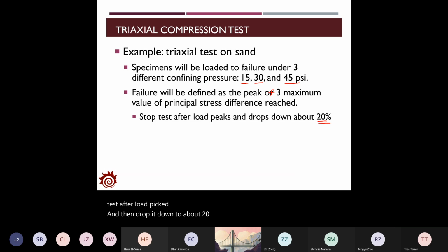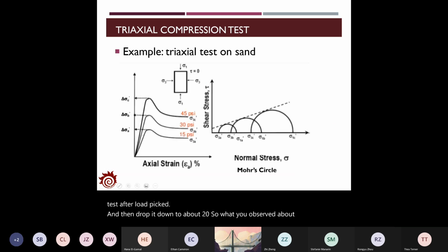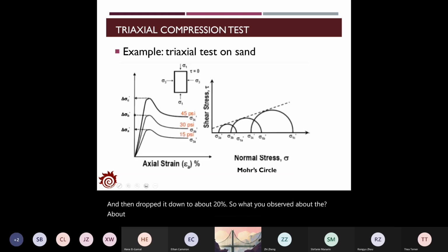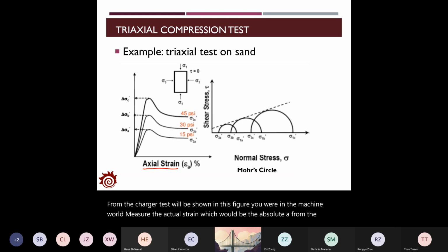So what we will observe about the load from the triaxial test will be shown in this figure. The machine will measure the axial strain, epsilon A, from the major principal stress, and it will also measure the axial load.